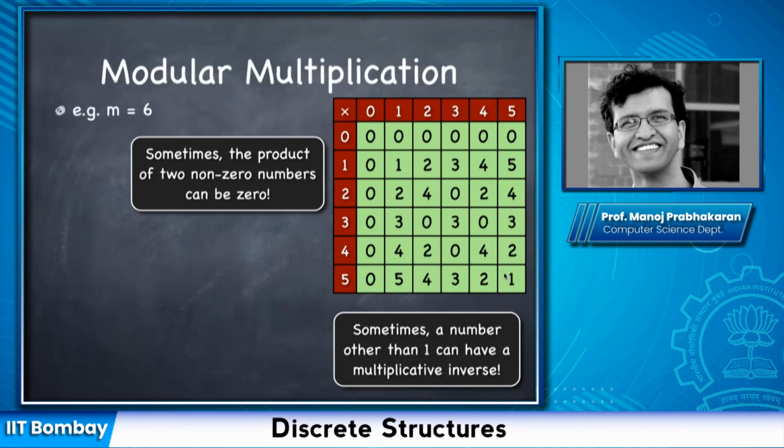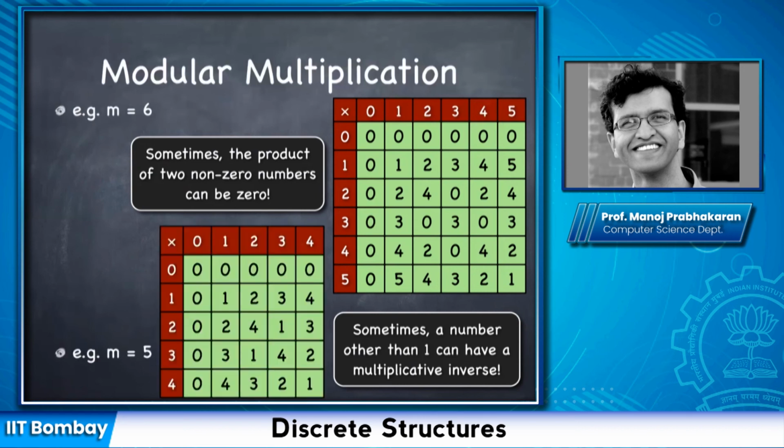For rational numbers, yes, you have multiplicative inverses for non-zero numbers, but for integers, I don't have 1 divided by 5 as an integer. Whereas here, sometimes that can happen. So here is a number 5 which has its multiplicative inverse also present in this universe.